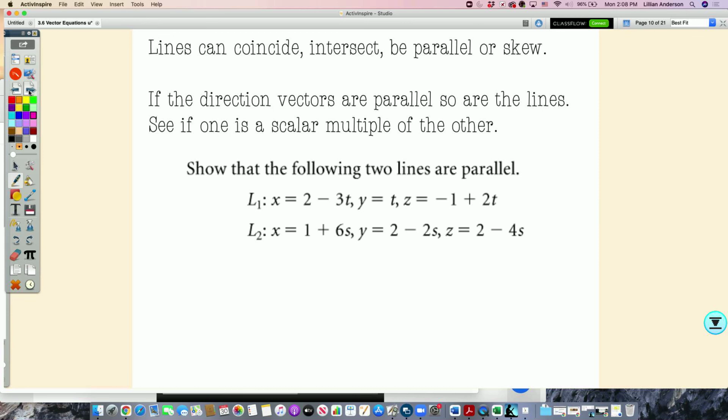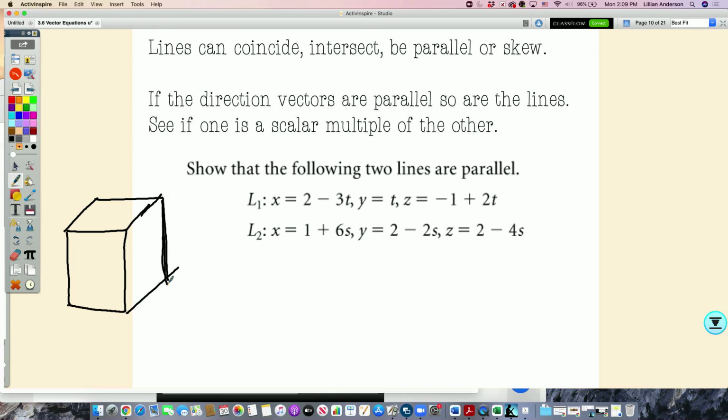Because we are dealing with lines, you can have lines that coincide, intersect, and be parallel as well as skew, okay? And so just to review those words, coincide means what? They're on the same line. Essentially, they are the same line. That's what coincide means.